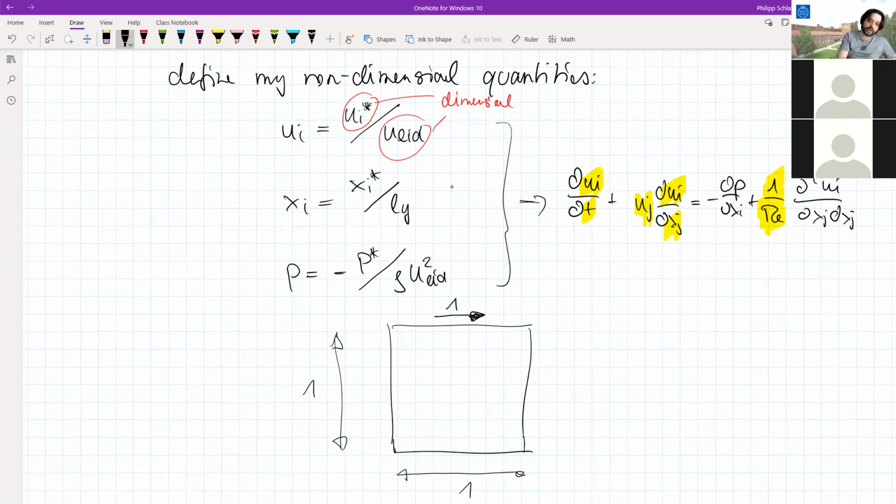So this is now my non-dimensionalized problem: height 1, width 1, speed 1 on top. And that's the result of my non-dimensionalization. This is also exactly the way that you should implement it afterwards in the code.